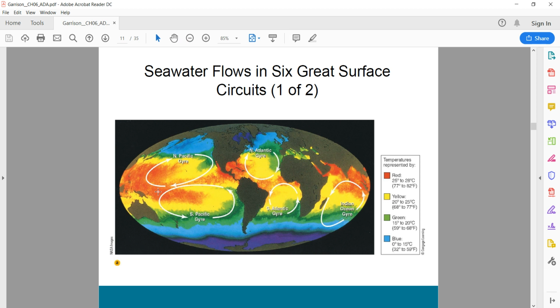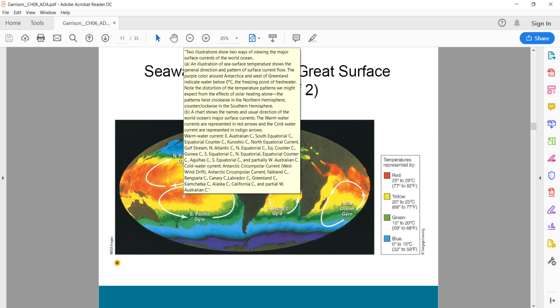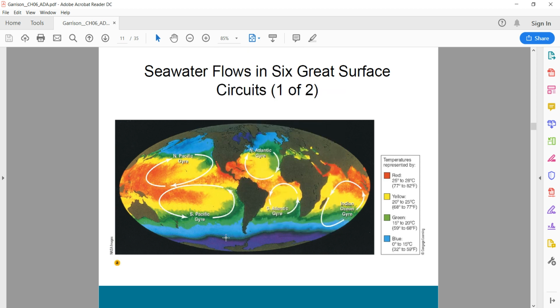But in the southern hemisphere, the gyres are moving counterclockwise, and that's because of the Coriolis effect, because the Coriolis effect will move the wind towards the right in the northern hemisphere, and towards the left in the southern hemisphere. And in the Indian Ocean, you can see it is counterclockwise because it is in the southern hemisphere of our planet.